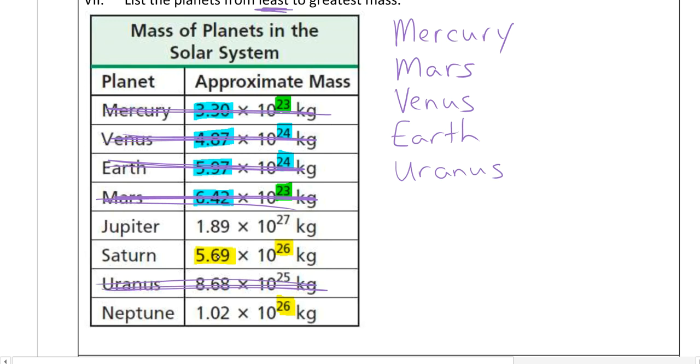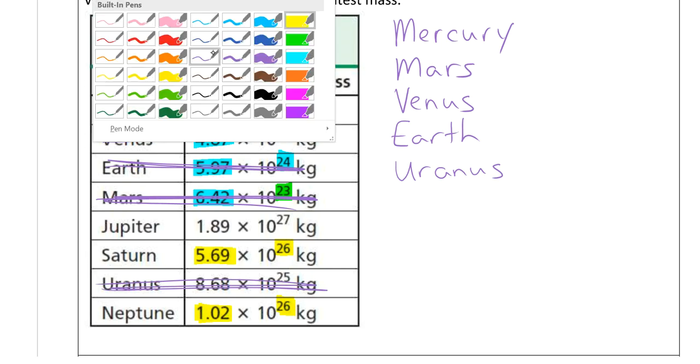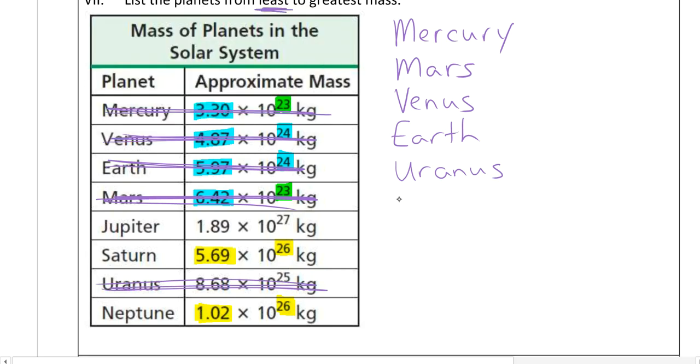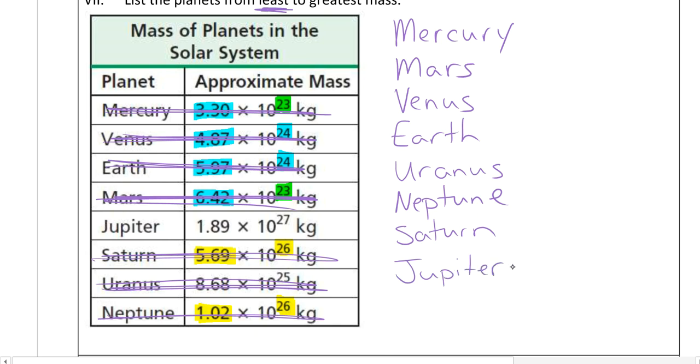Saturn has significant digits of 5.69. Neptune has significant digits of 1.02. Therefore, Neptune is smaller and would come next on our list. And then Saturn would be after that. And then the only planet that is left is Jupiter. So we've now been able to list the planets from least to greatest in regards to their mass.